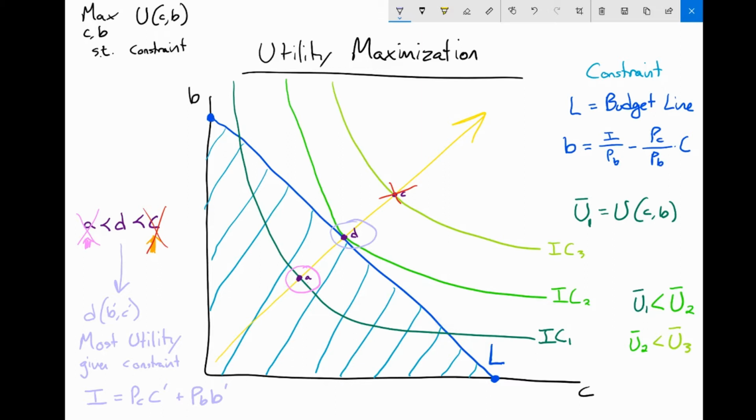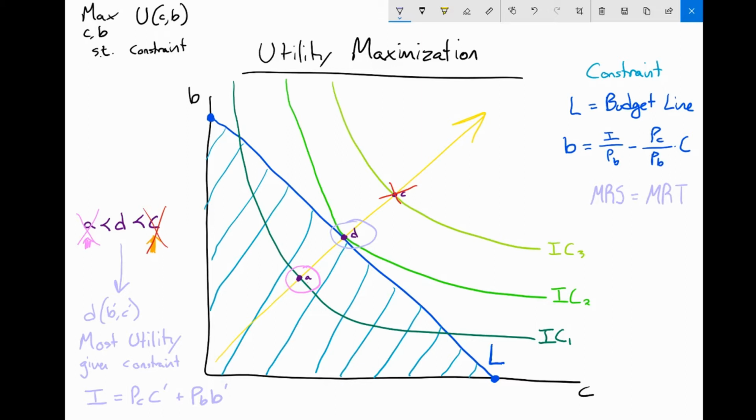Now we can notice a couple things about this point, this bundle D. Notice that at bundle D, the indifference curve and the budget line are tangent to each other. That means they just touch. That means at that point, the marginal rate of substitution, that is, the slope of the indifference curve, is equal to the marginal rate of transformation, that is, the slope of the budget line.